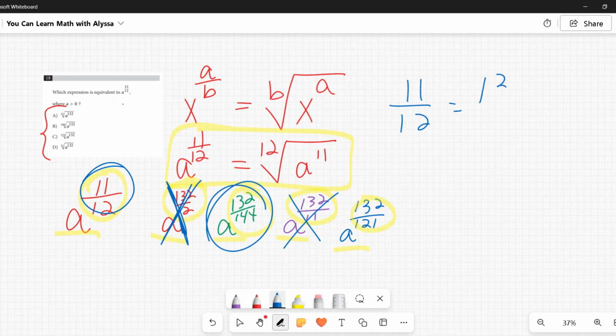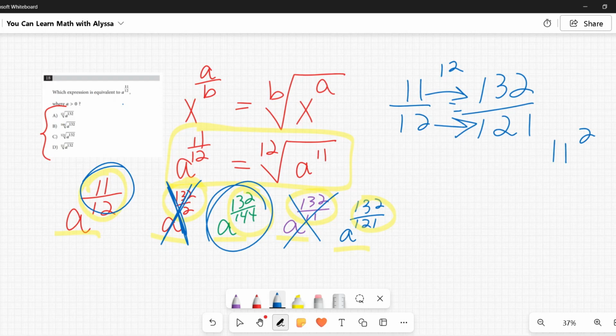And then the last one, 132 over 121. 11 times 12 gets you to 132, but 12 does not go into 121 evenly. 121 is actually 11 squared.